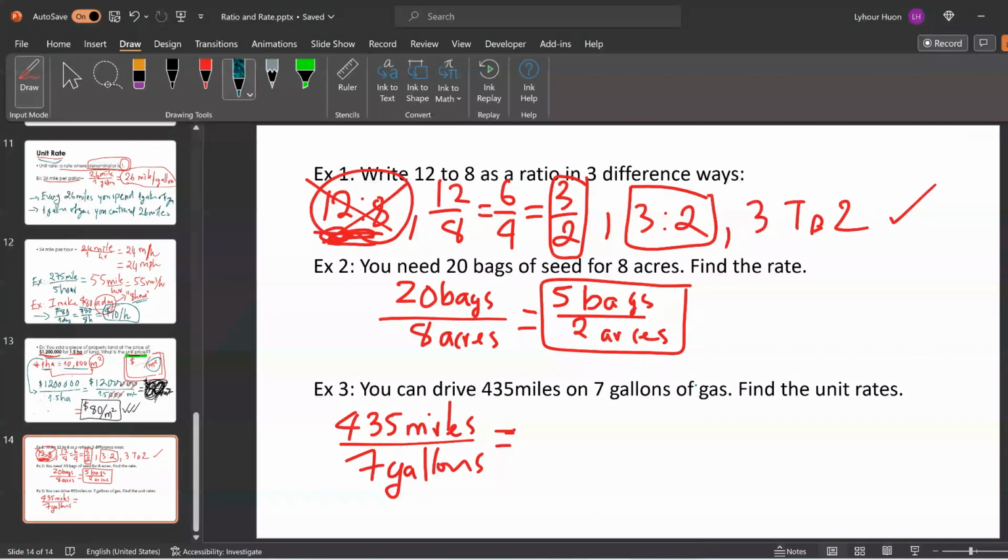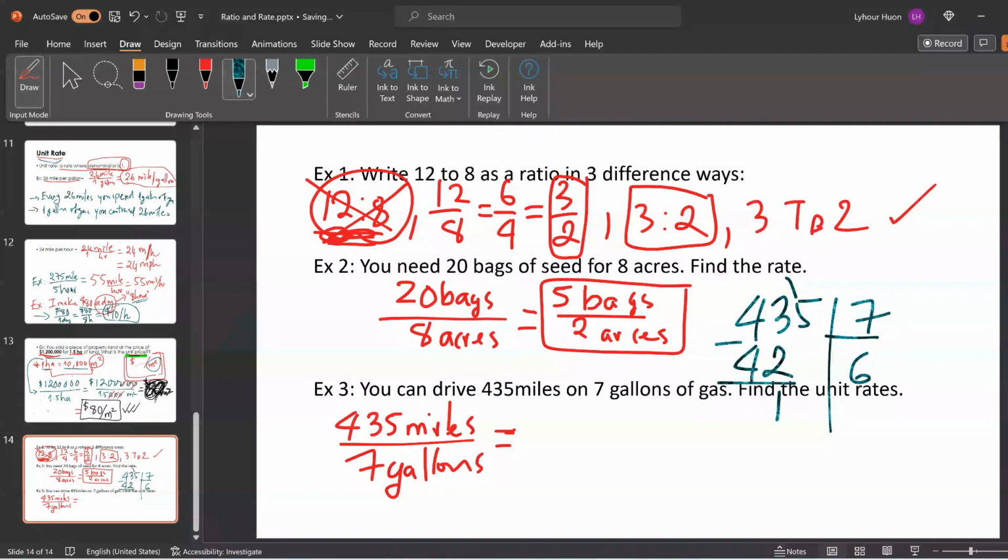Okay, so let's check together. 435 divided by 7. First of all, we get two digits. Subtract 42. How many times does 7 go into 43? 6. Yes, 6 times 7 is 42.